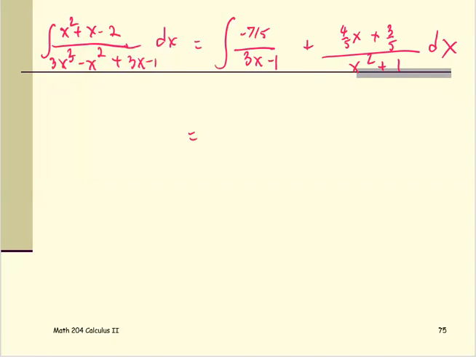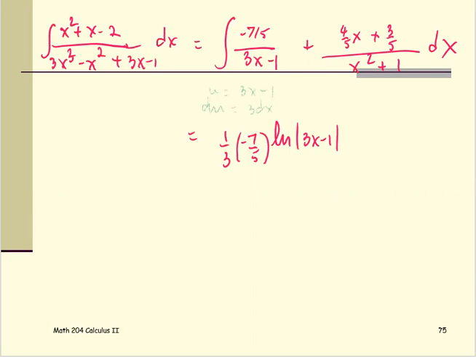The first one, we're gonna let u be 3x minus 1. So du is 3dx. So when you replace the first one with the u, we're going to get 1 over 3 multiplied by the coefficient negative 7 over 5 multiplied by natural log of the 3x minus 1. Okay, you can work on the detail later if you want to see more steps on that.